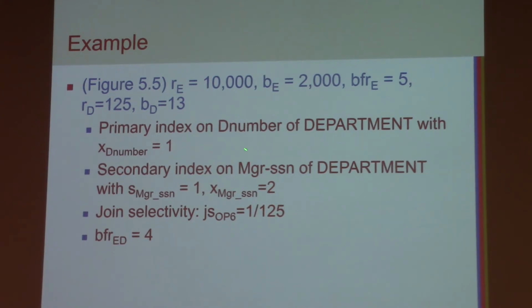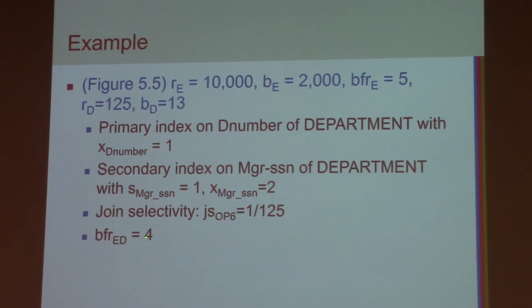So these are the additional information from the catalog. The primary index of D number of the department has X equal to 1, which means a level 1 index. And the secondary index on manager social security number is level 2, and the S means the selection cardinality. Only one, unique for each data. And join selectivity is 1 over 125.